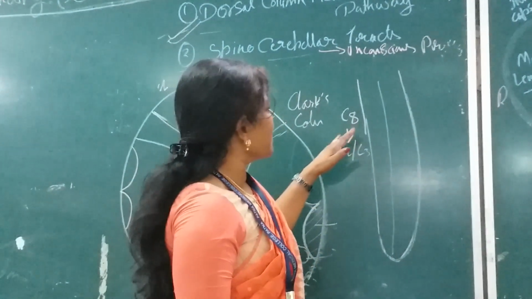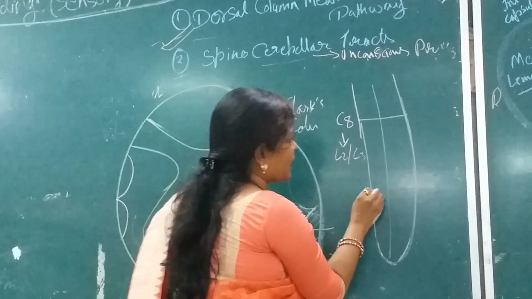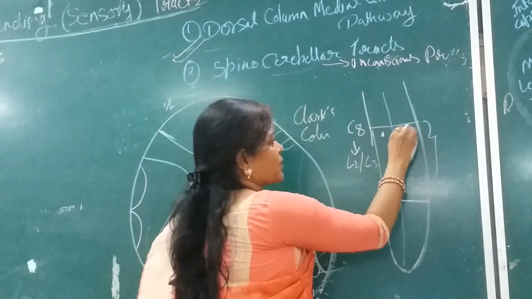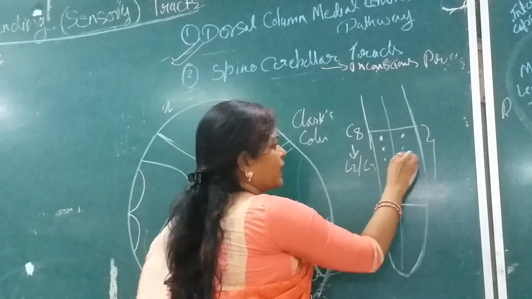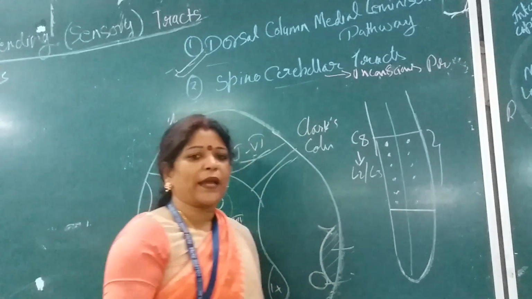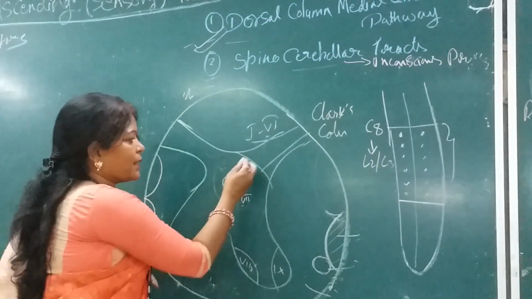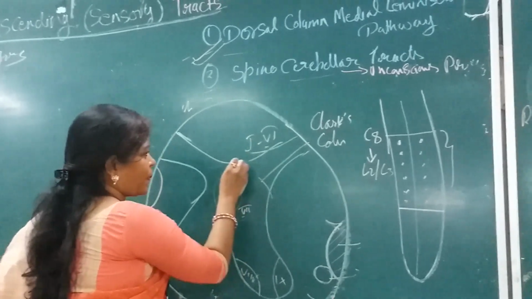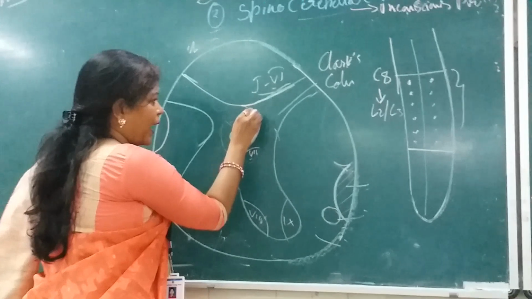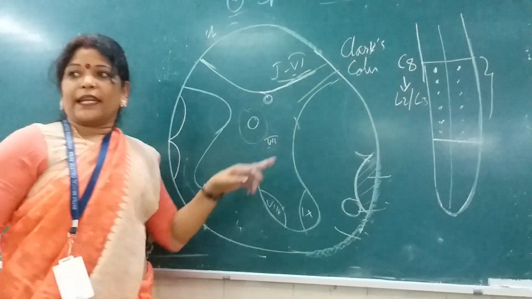Whatever it is, suppose this is the C8 level and here it is L2. So the sets of nuclei present on either side of the spinal cord are in the seventh lamina, at the medial aspect of the base of the dorsal grey horn.